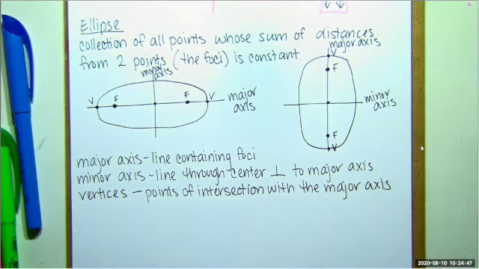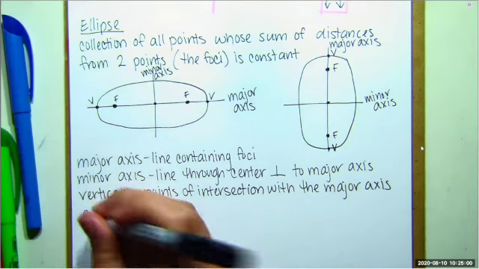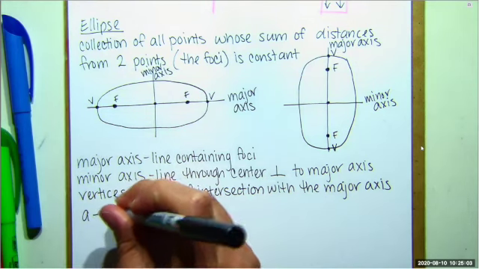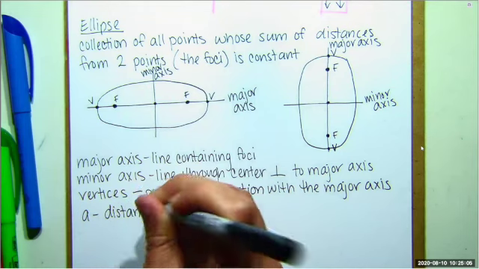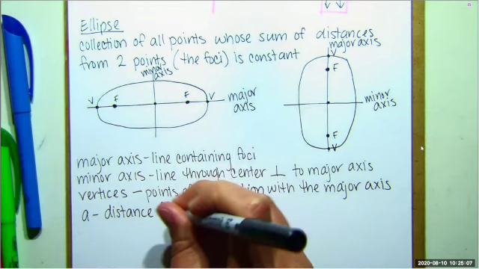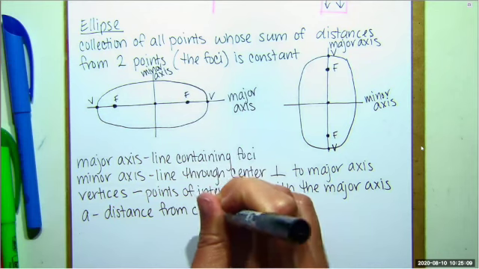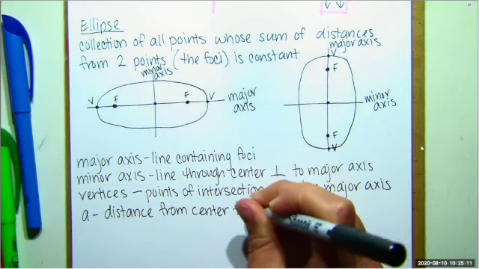All right, the next thing is we're going to label some distances on these pictures, A, B, and C, and those variables are going to come up in our equation, which I'll give you on the next page. We're always going to label A as our distance from our center to our vertices.